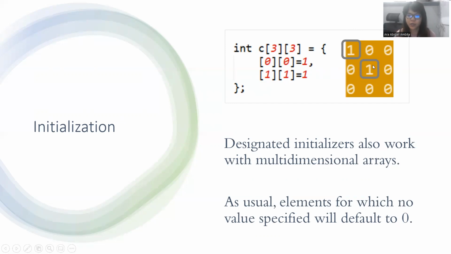This is in position row 1 and column 1. So we set [1][1] also as 1, and the rest that are not initialized will have a value of 0. As usual, elements for which no value is specified will default to 0.